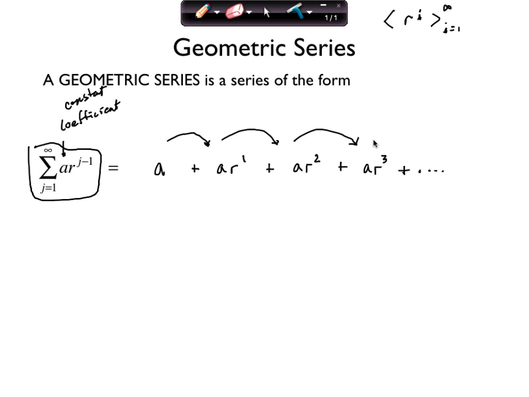Just so we remember what the nature of a geometric series is. We keep doing what each time? Multiplying by another r. To get the next term, you just multiply by another r. So geometric series are based on repeated multiplication. To get the next term, whether it's in the series or the sequence, you multiply by another r. So times r, times r, times r, times r. Okay?